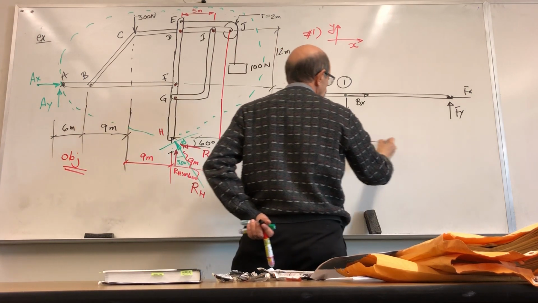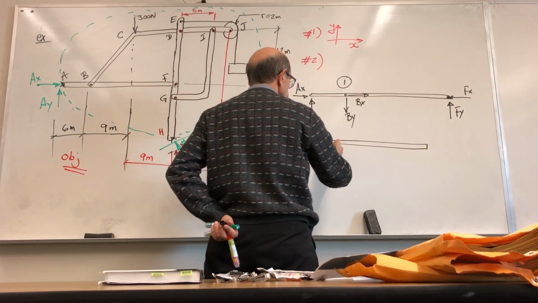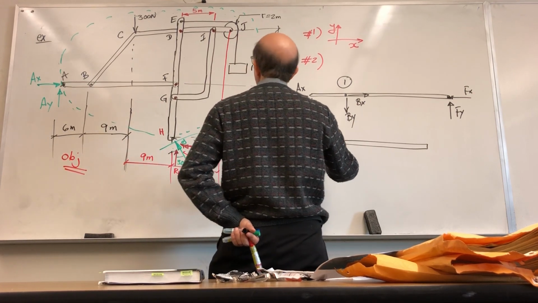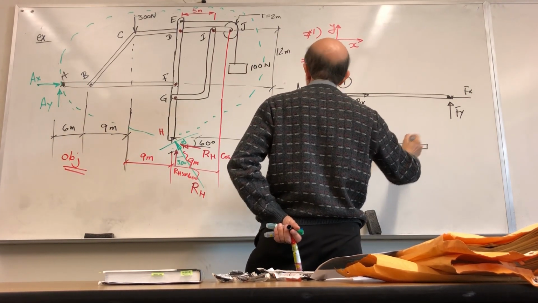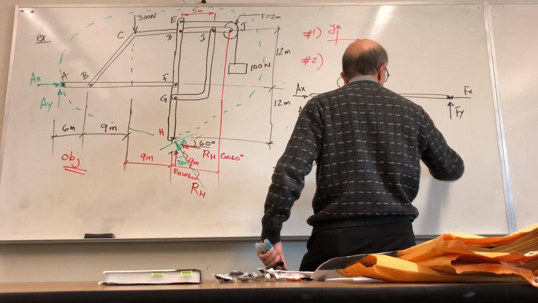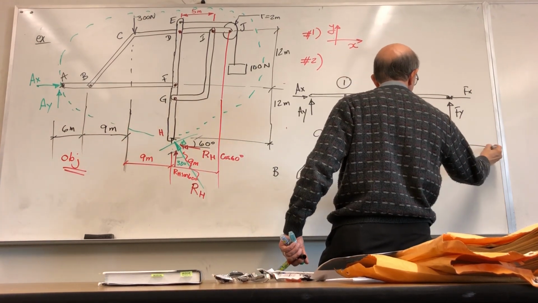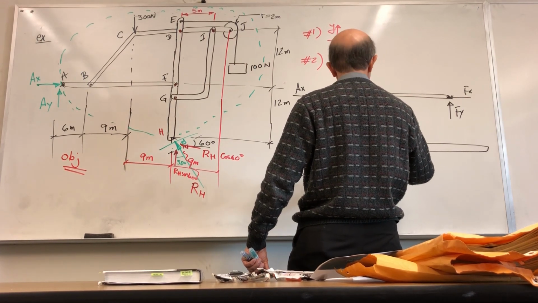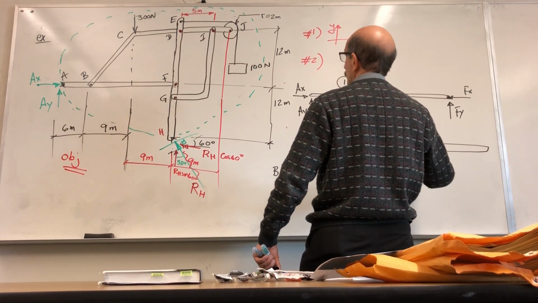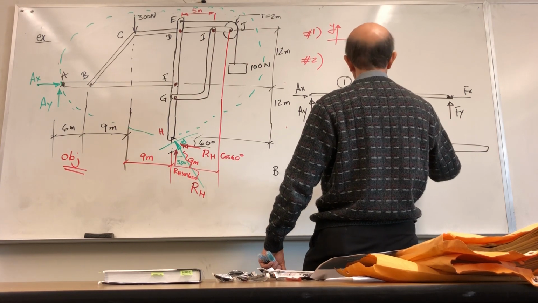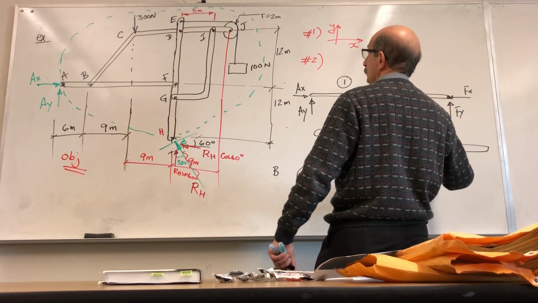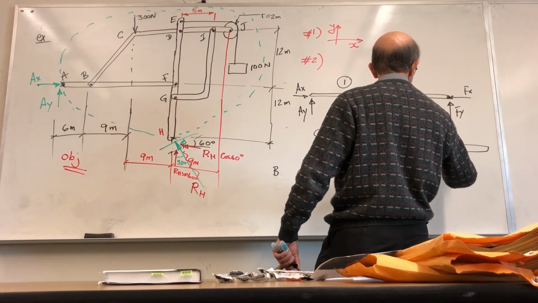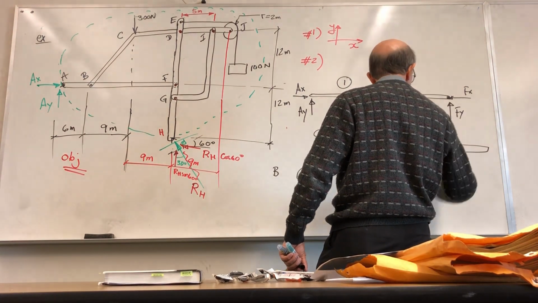So you have member B, C, D, it's a little bit longer than that. Okay, this is D, and this is I and J, okay?